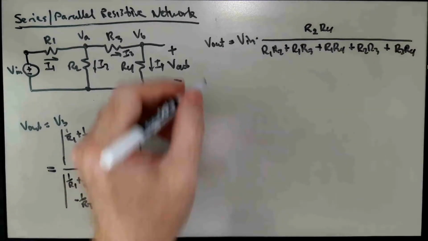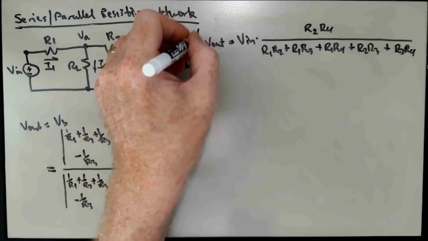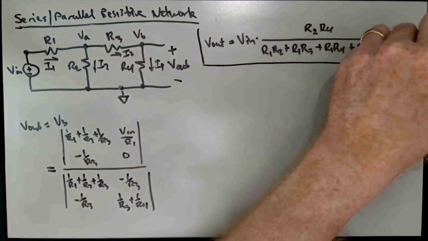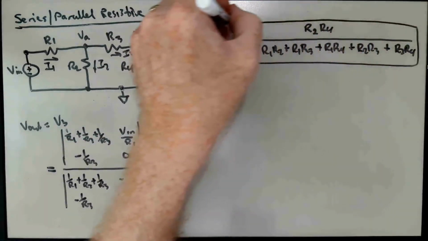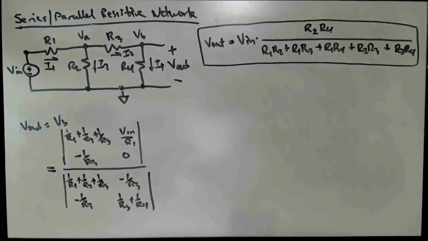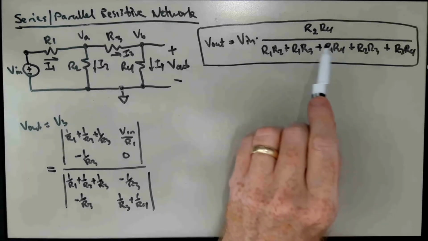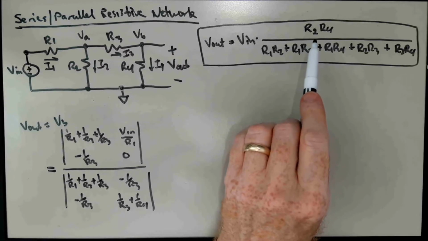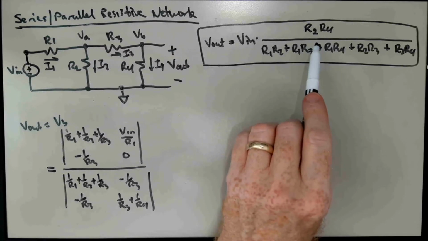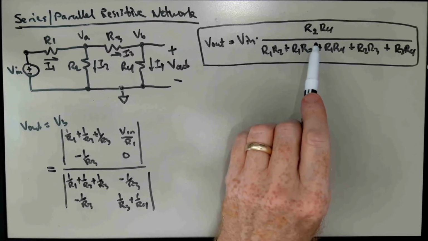And this answer is correct. And I don't really care precisely what it is. I just want to note the character of it. What you get when you apply this type of analysis strategy in general is a rational function, a ratio of sums of products of the components in the circuit.